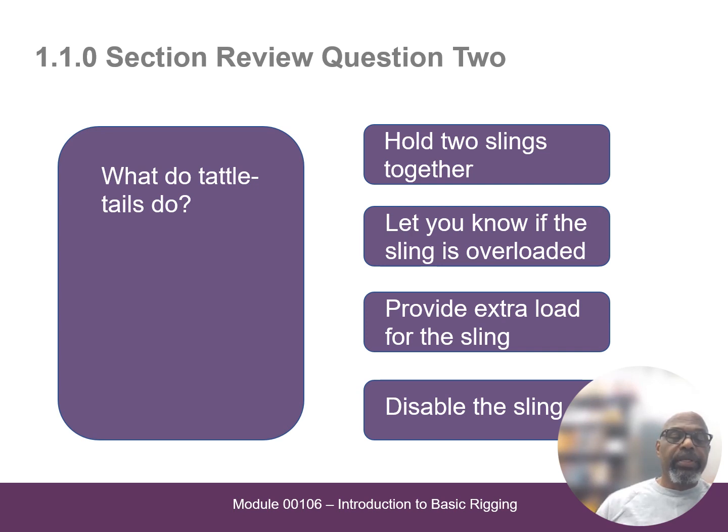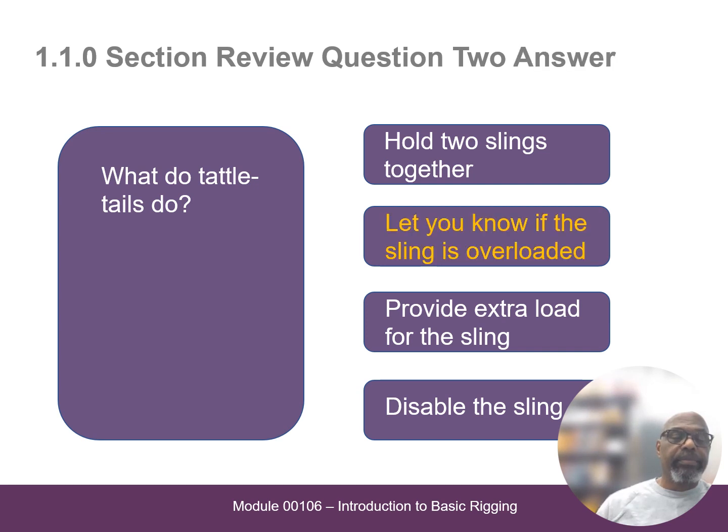So in other words, most likely it lost some of its strength. What do telltales do? It is basically just like it says, it tells you something. In other words, it's a safety feature that's integrated into your straps.